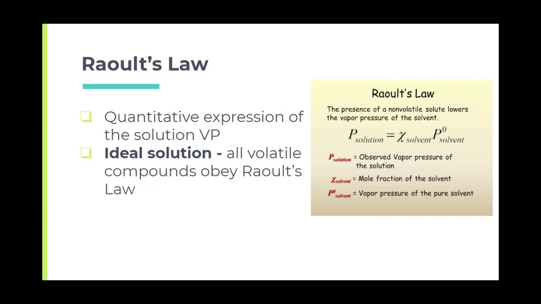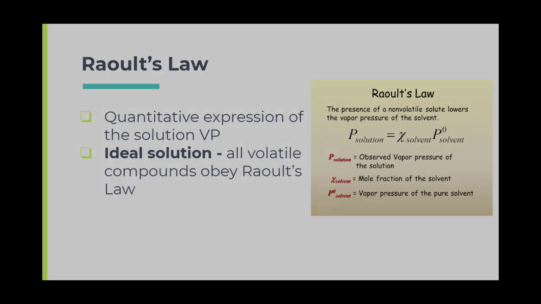So this will take the vapor pressure of the solvent with no solute in it, and then multiply it by the fraction of moles that the solvent still holds after you add the solute. And then that will give you the vapor pressure of your new solution once you've added the solute and your vapor pressure is lowered.